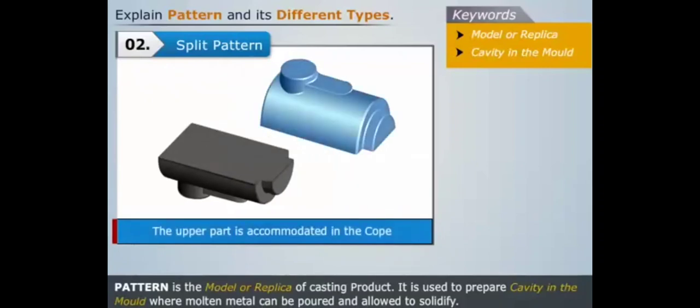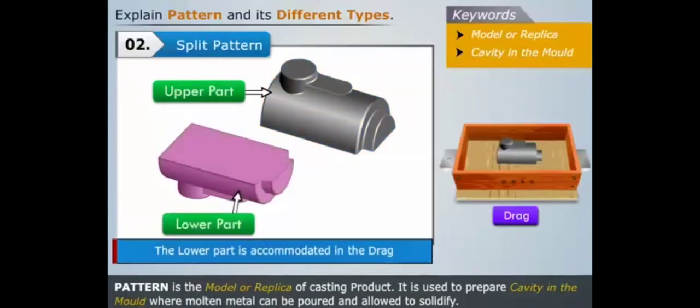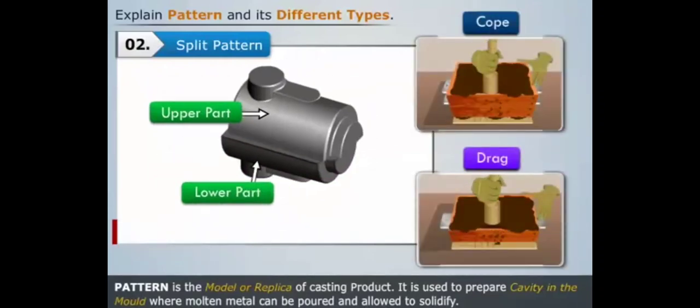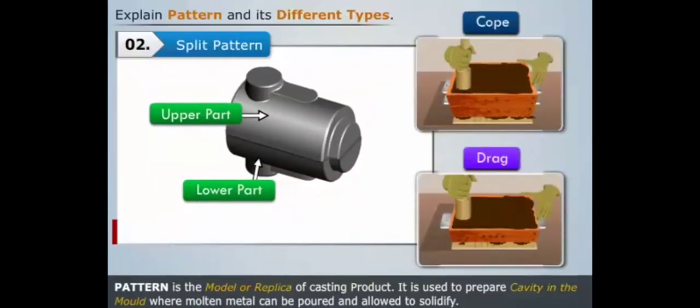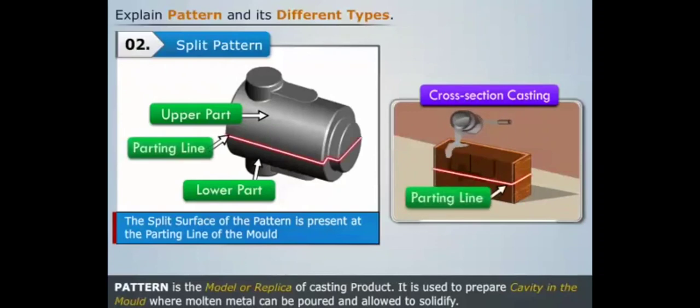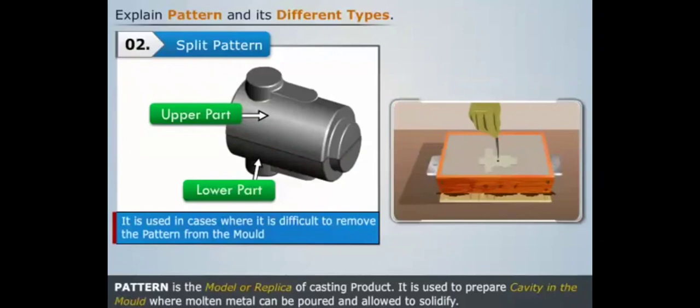While the upper part is accommodated in the cope, the lower part is accommodated in the drag. The cope and drag molds are then prepared separately and assembled together to form the complete mold. The split surface of the pattern is present at the parting line of the mold. It is used in cases where it is difficult to remove the pattern from the mold.